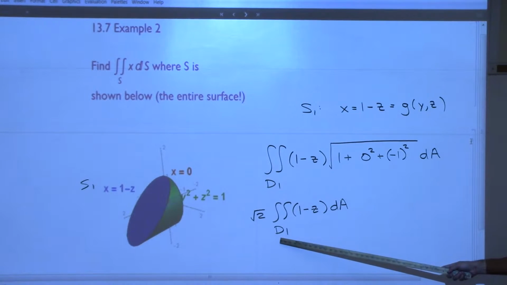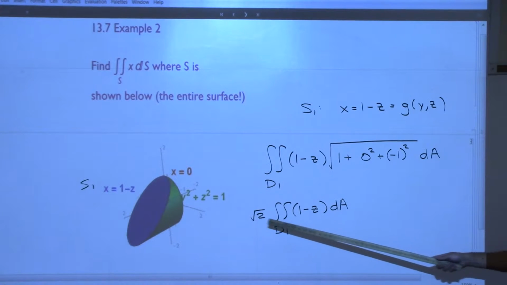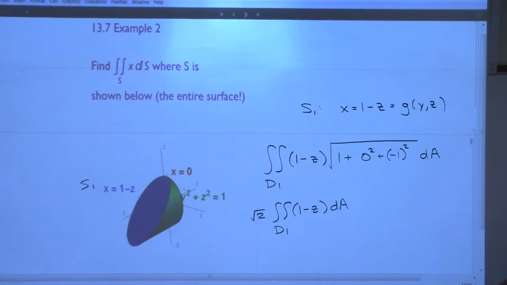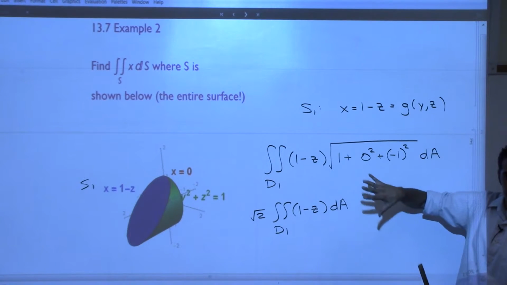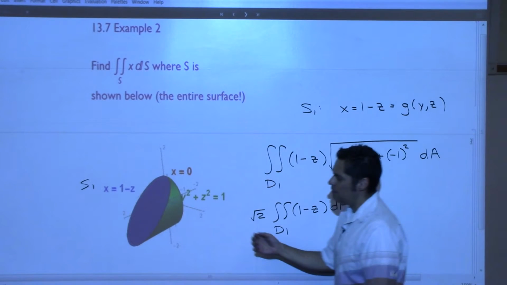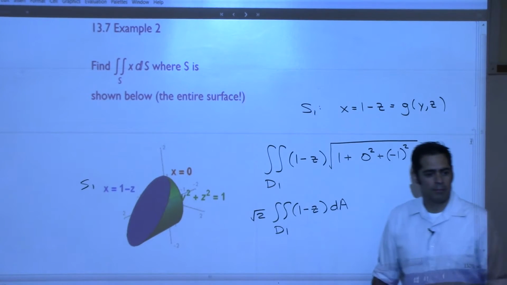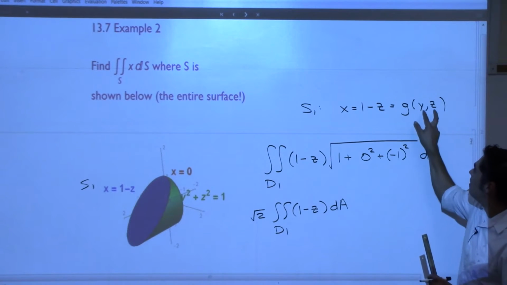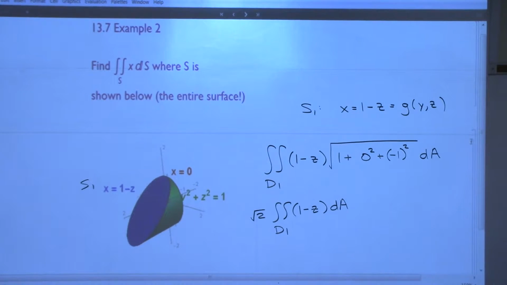D1 are the restrictions on my double integral that will allow me to draw that blue piece, right? 1 minus z is just the entire plane. Remember, this x equals 1 minus z is a plane, isn't it? I don't want to draw the whole plane. I only want to draw the part of the plane that's in blue. So how do I restrict my y's and my z's to draw just the blue part of that plane? Drum roll.